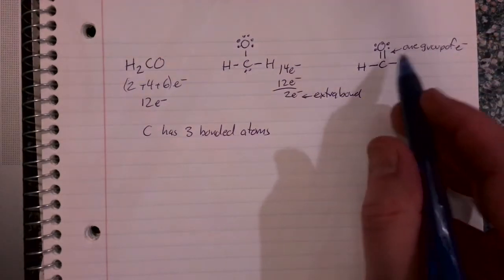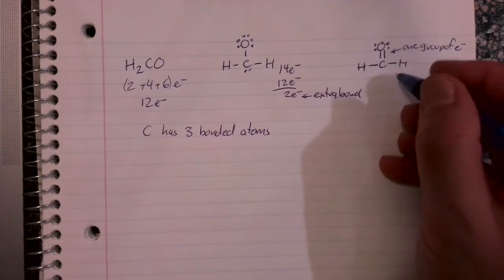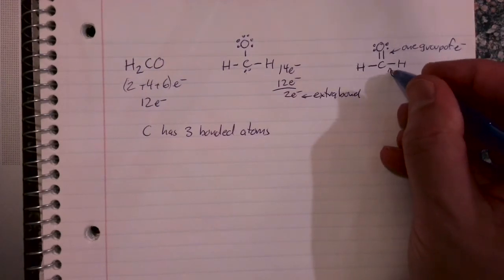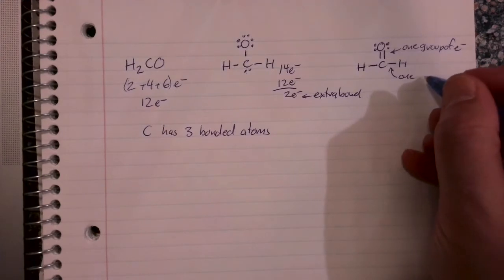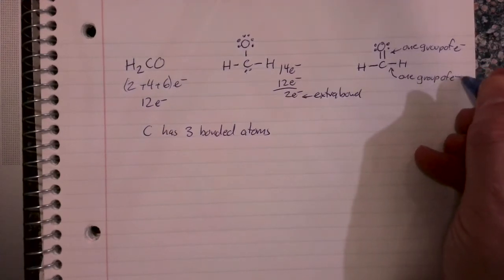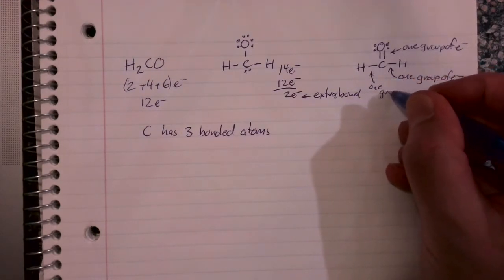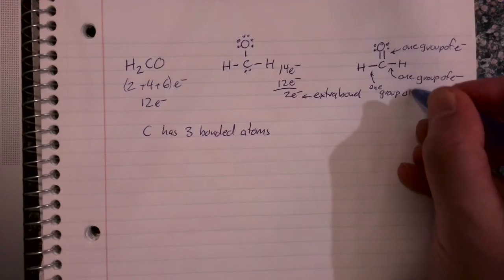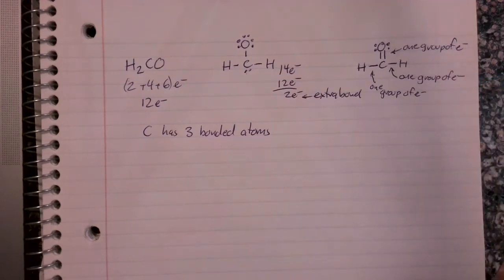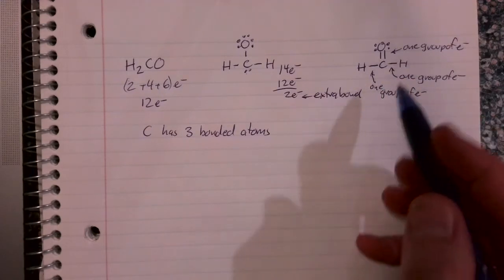That double bond can't separate from itself, and so it counts as one group of electrons. This is also one group of electrons, this pair, and so is this, one group, okay? So we don't distinguish between double and single bonds because they're just clusters of electrons that repel each other.